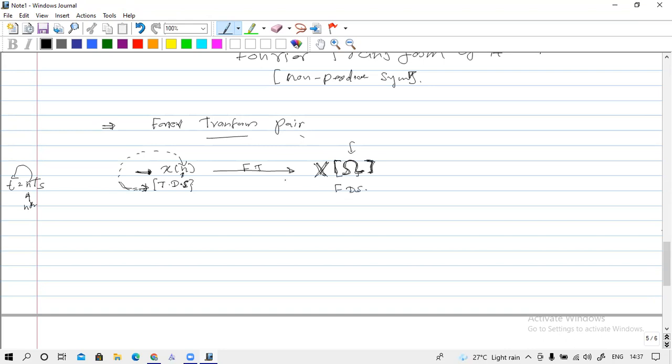If we get the inverse Fourier transform of this X of omega, we will have x[n], the time domain signal, again. So if we get the Fourier transform, we will have a frequency domain signal; it is time domain to frequency domain conversion. If we get the inverse Fourier transform, it is frequency domain to time domain conversion.